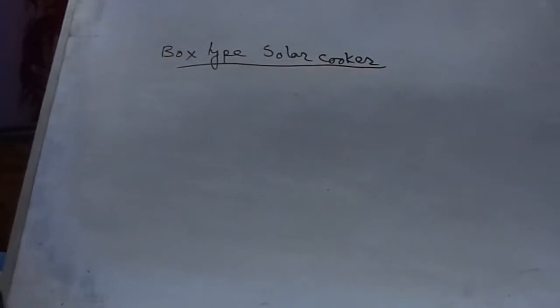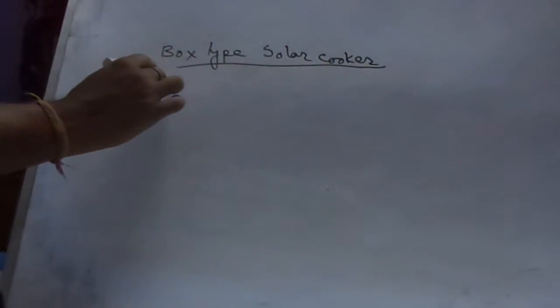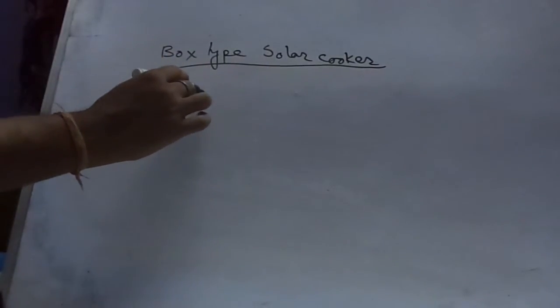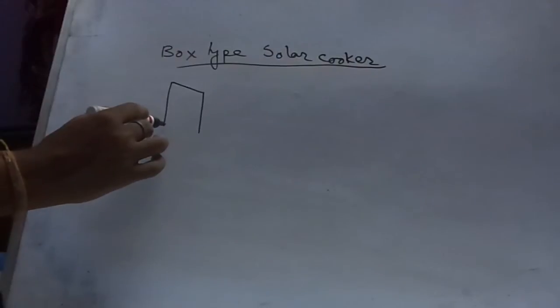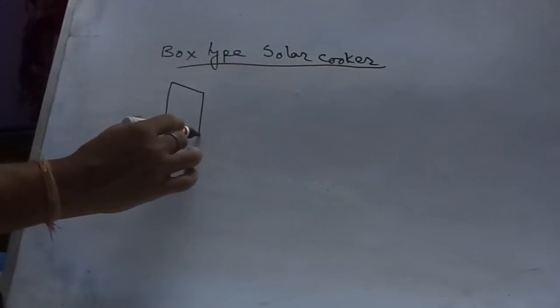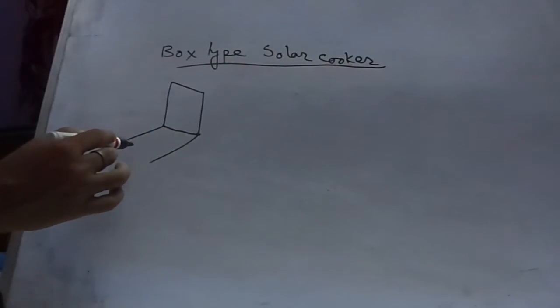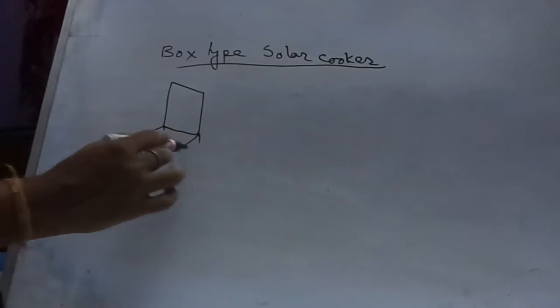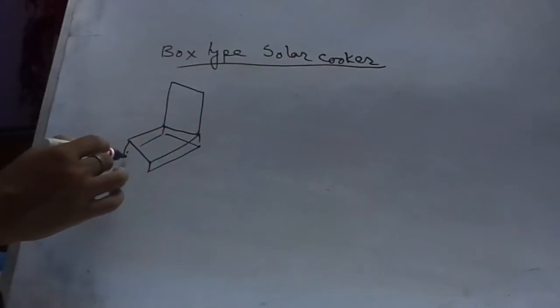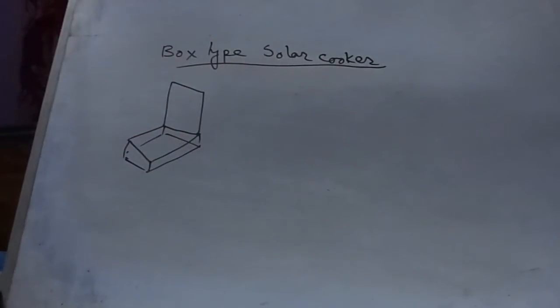Box type, it looks like a box. There are 4 parts like this in the box type solar cooker.